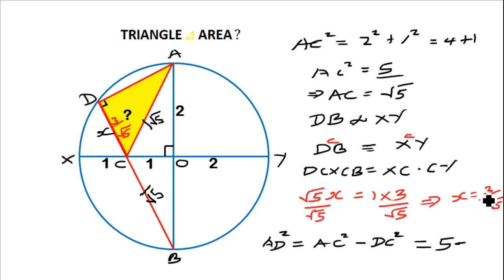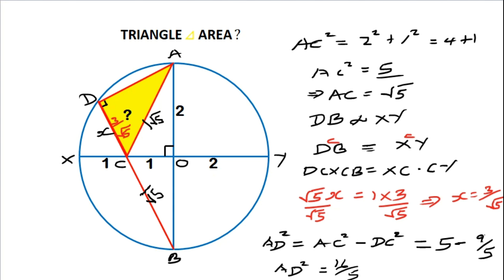DC you found is x, 3 over root 5. If you square 3 over root 5, you get 9 over 5, because 3 squared is 9 and root 5 squared is 5. So AD squared is equal to 5 minus 9 over 5. 5 is like 25 over 5, minus 9 over 5 will be 16 over 5.